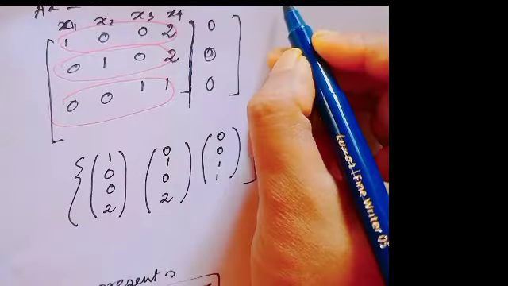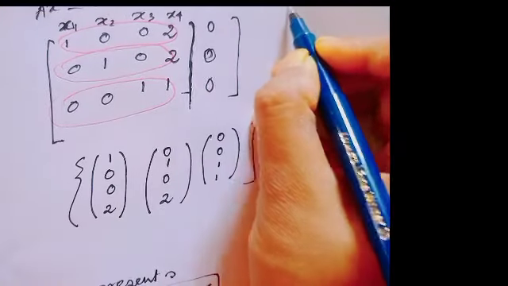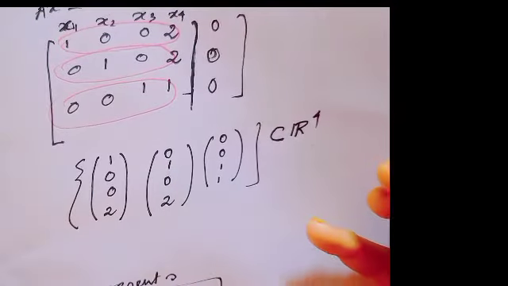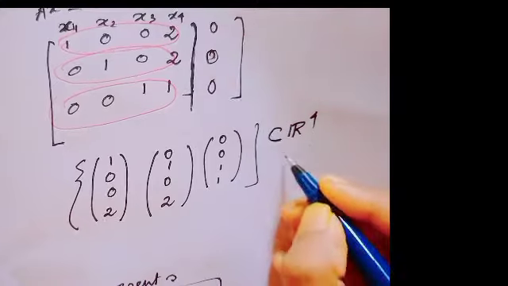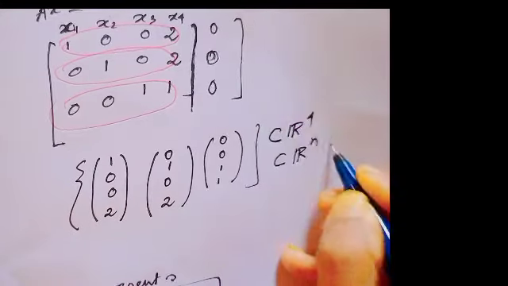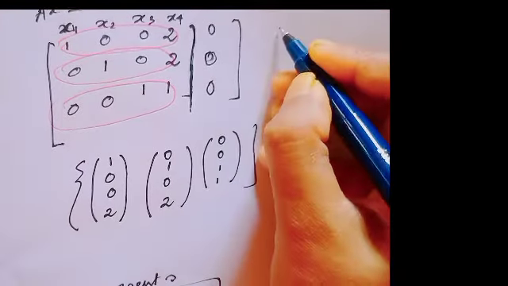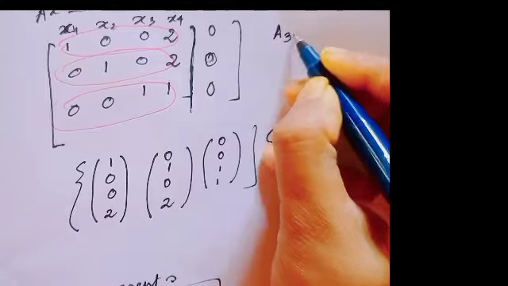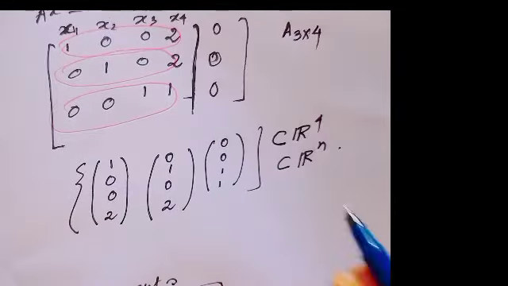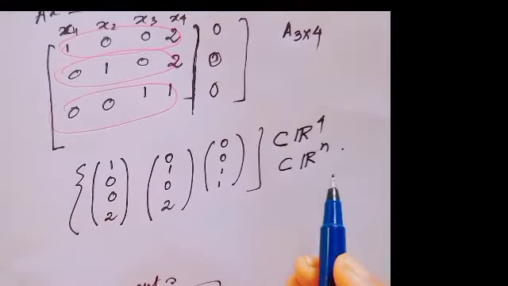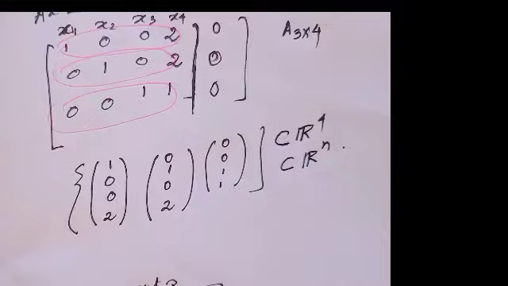I have told you that in M cross N matrices, the row space would always be a subspace of Rn. Here I have considered A as a 3 cross 4 matrix. So here the row space is a subspace of R4.